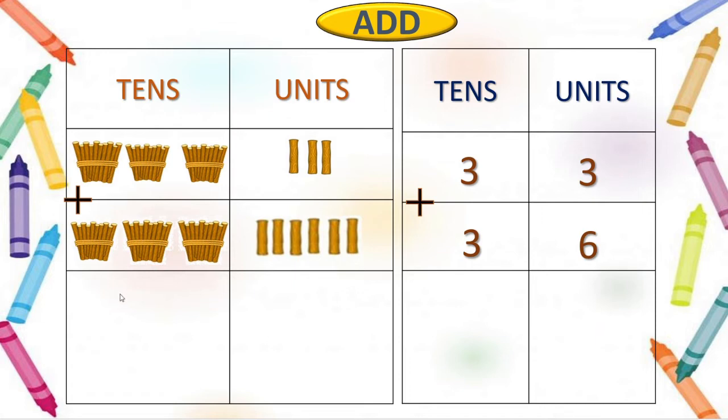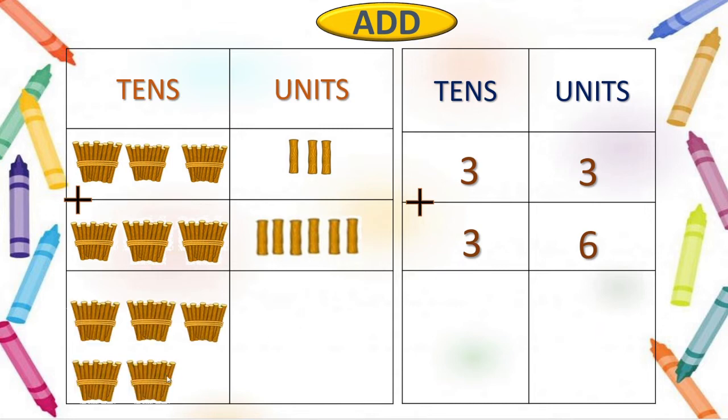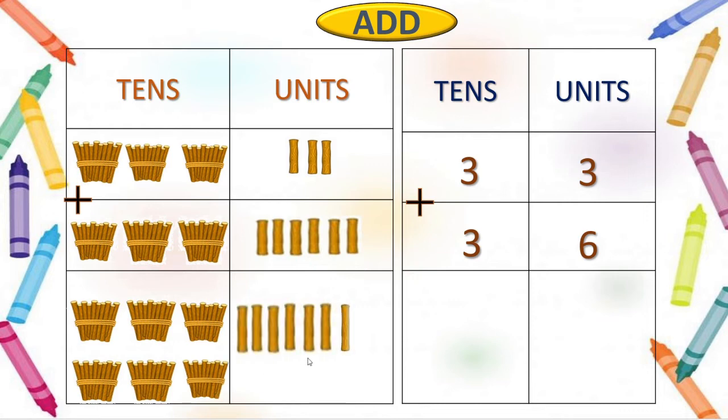Now we will add here. Units 3 and 6, that is 9, and tens 3 plus 3, that is 6. Same thing is here in this table also, right? 6 tens, 9 units.